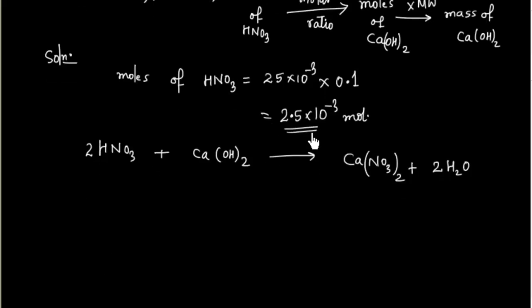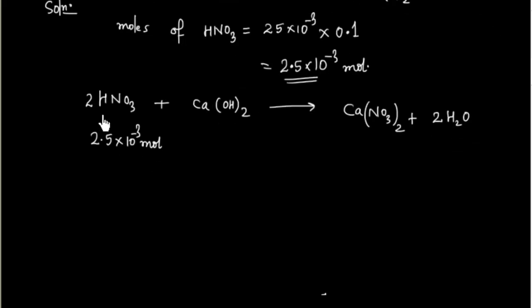Now the moles of HNO3 is 2.5 into 10 to the power minus 3. From the balanced equation we can say that when 2 moles of HNO3 react, 1 mole of calcium hydroxide reacts.